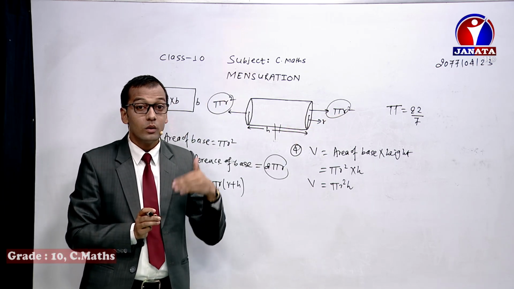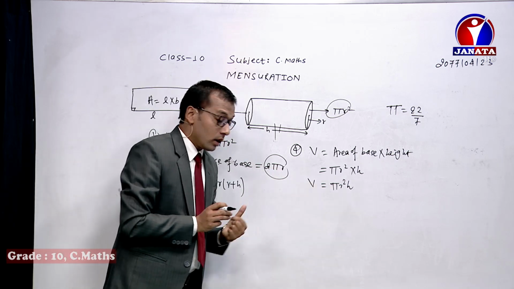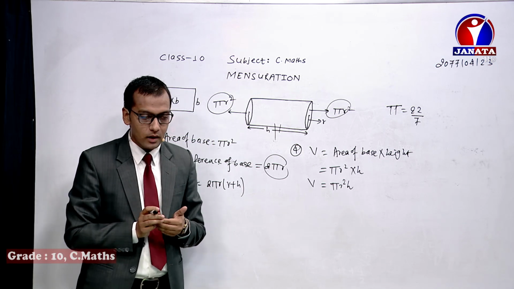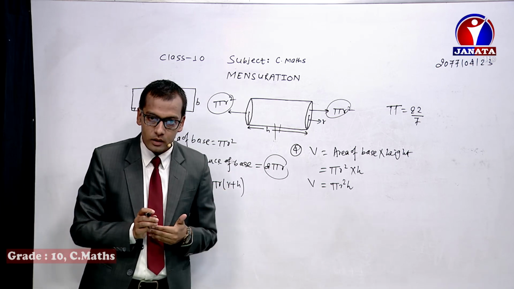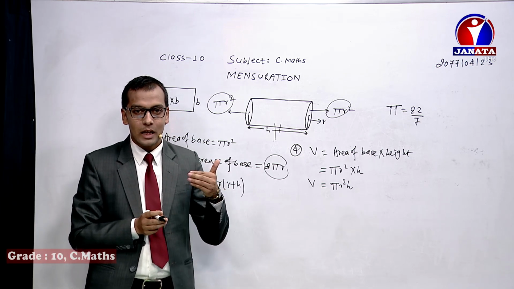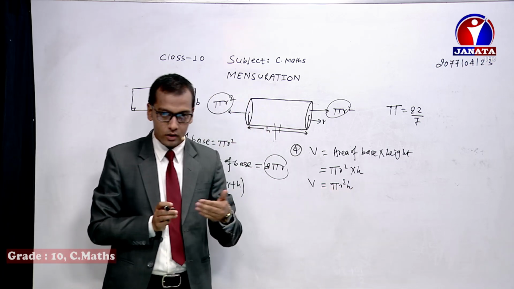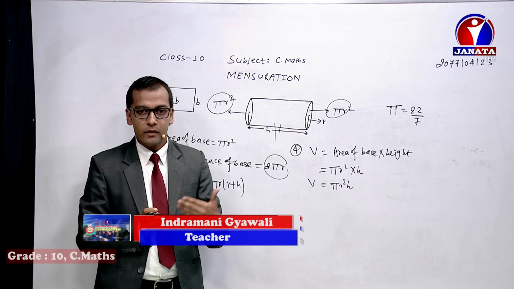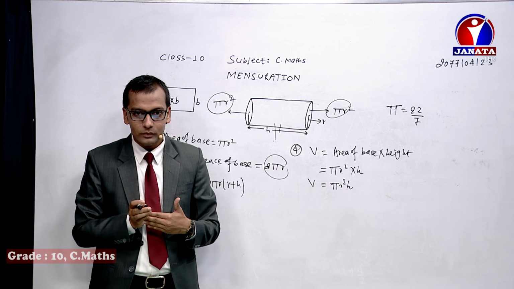The area of the curved surface is 2 pi r times h, meaning circumference times height. Volume is pi r square times h; if we are given the base area and height, we can easily calculate the volume.